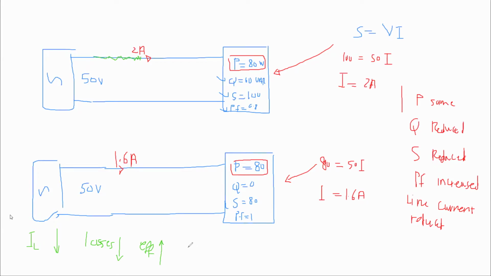When the current is less, the size of wire is going to be less, because let's say the current here is 200, the current here is 160. The wire you need for 160 is smaller than the wire you need for 200.